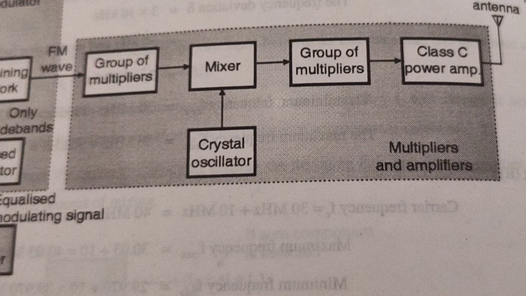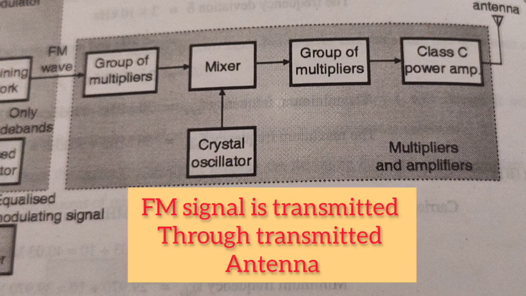The FM signal with high FC and high MF is then passed through the Class C amplifier to increase the power level, and we get the higher power level of the signal at the output of the FM signal.